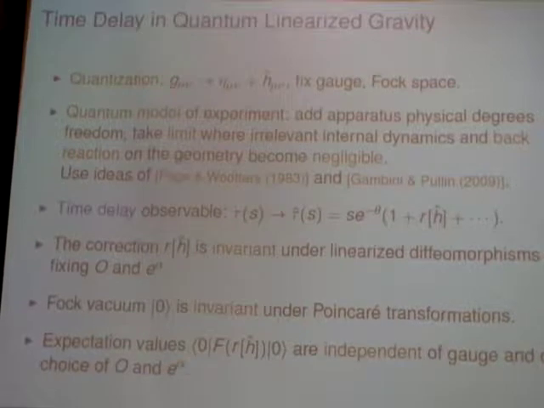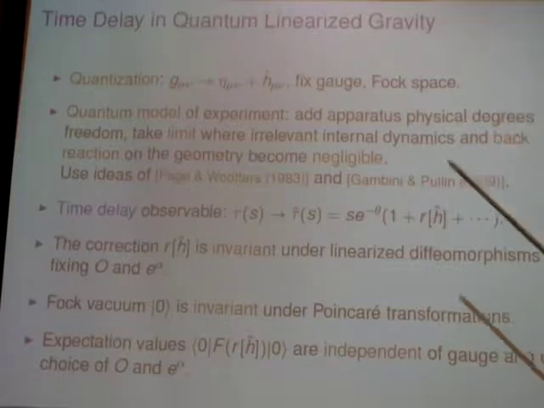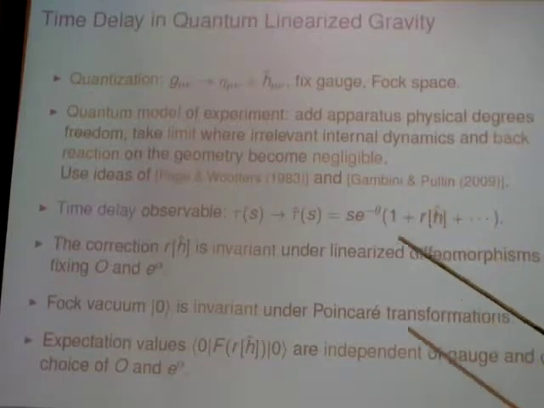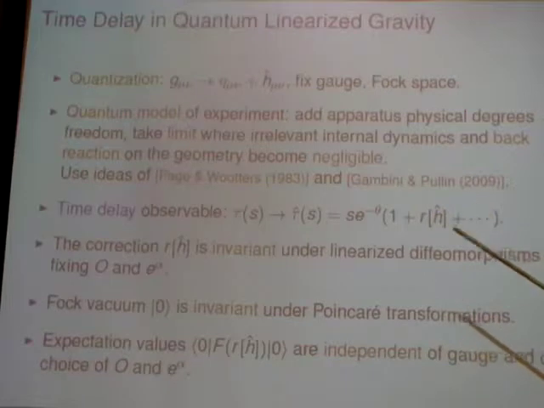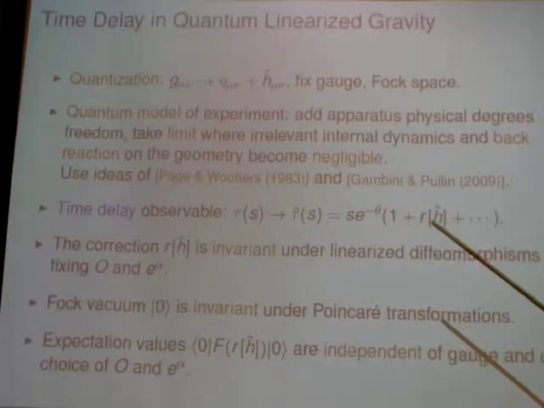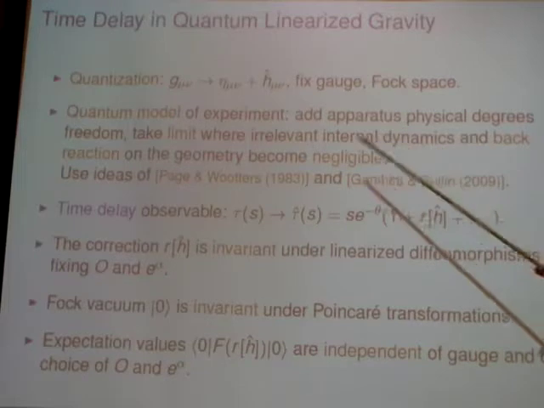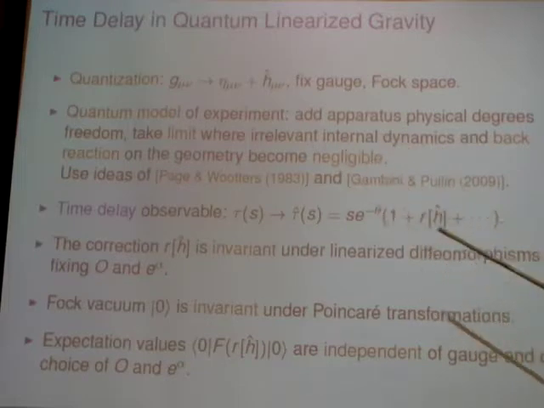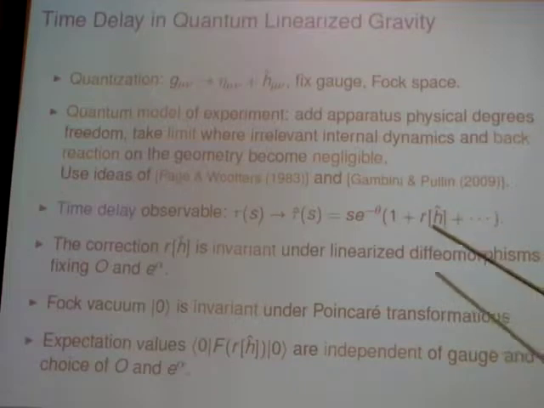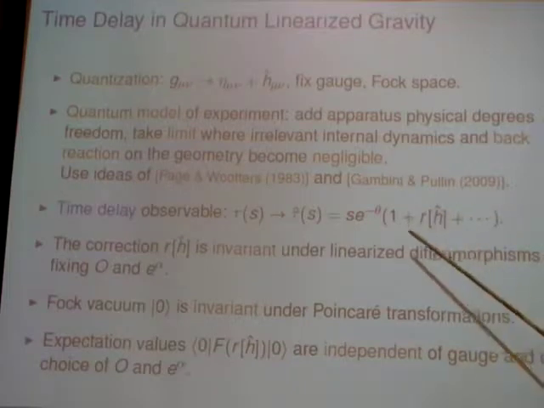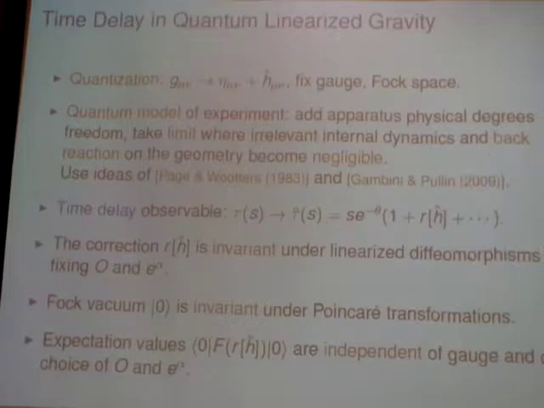So I think that it's valid to, in some limit, ignore all the possibly complicated quantum effects that come from the internal dynamics of the experimental apparatus, and then just think of them as being reduced to these background geodesics in Minkowski space that enter into the definition of this operator here.